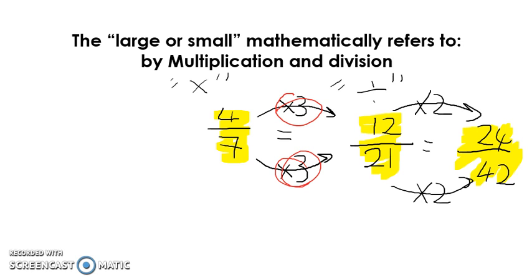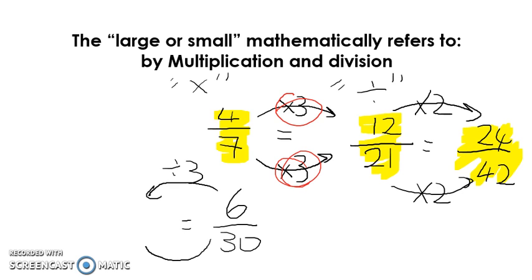If I have a fraction that is 6 over 30, I can effectively go backwards. So 6 divided by 3 and 30 divided by 3, I would end up with 2 over 10. And again, I have 2 over 10 as an equivalent fraction to 6 over 30.